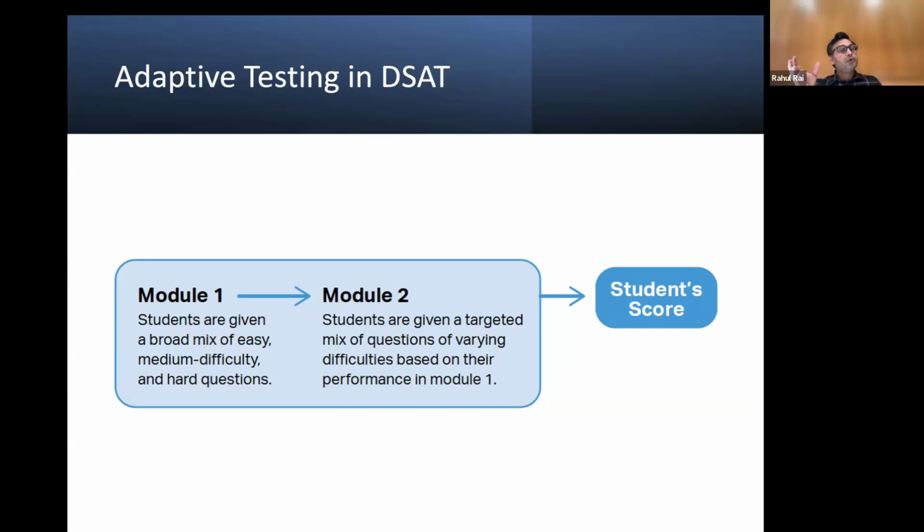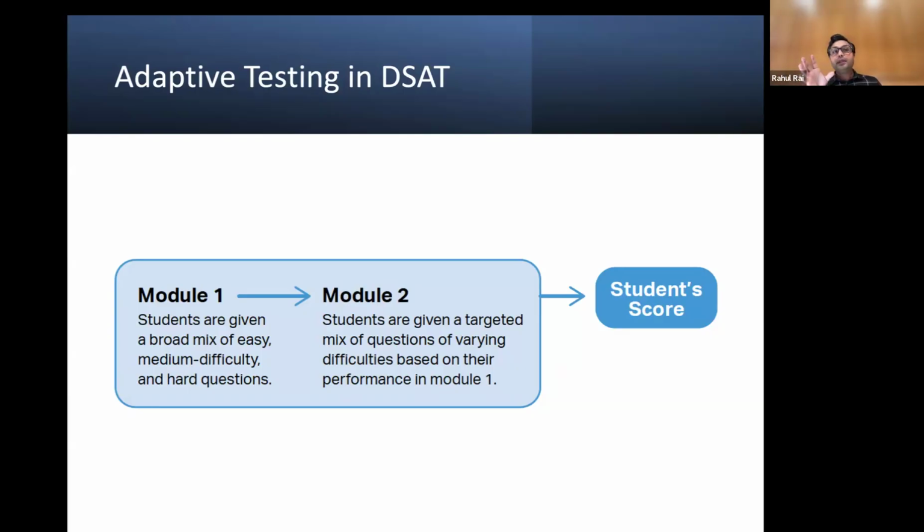Now, typically, most of the questions are easy, so close to 60%. Then 20% of the questions are medium difficulty level, and 20% are hard difficulty level. That is the typical mix. Those numbers are not exactly known, but based upon the data of last year's SAT, it could be construed that roughly 60% is easy, 20% is medium, and 20% is hard in module 1.